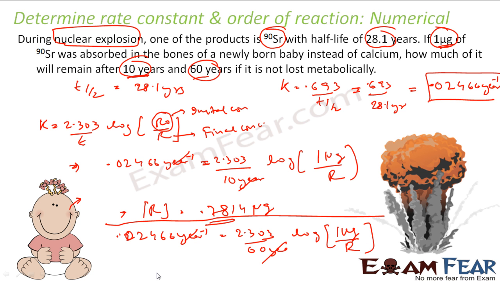You solve this, here you get R as 0.2278. So if you see, even when the person is about to die, almost 20% of what was absorbed is still there. So 1 milligram was absorbed. After 10 years, it is still there in the body as 0.78 milligram. After 60 years, when this person is very old, it is still there, 0.2278.